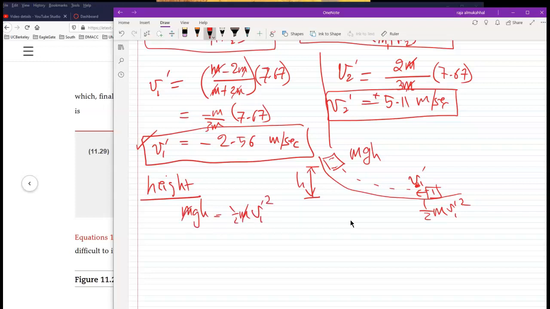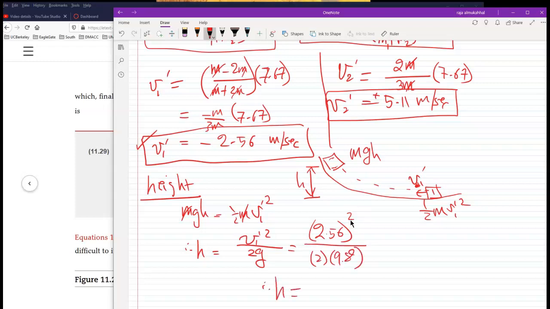The masses cancel out, and therefore the height is v1 prime squared over 2g. It becomes 2.56 squared, the minus sign is not important, divided by 2 times 9.8, and therefore the height is equal to 0.33 meters, or 33 centimeters.